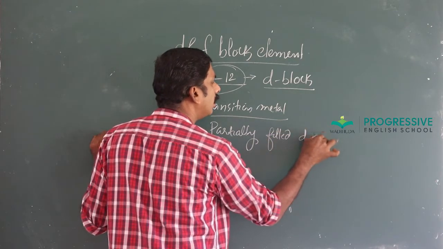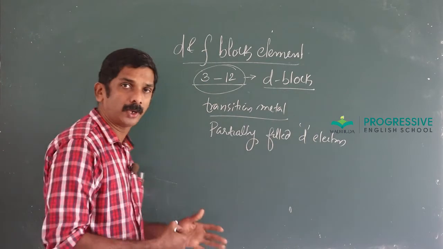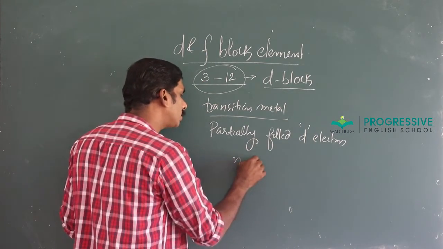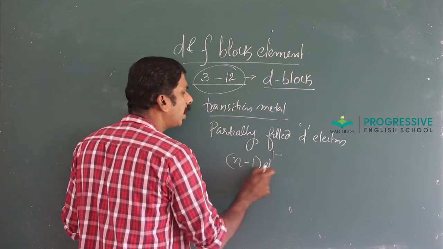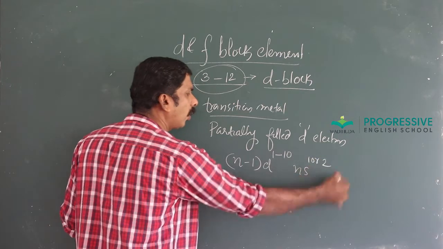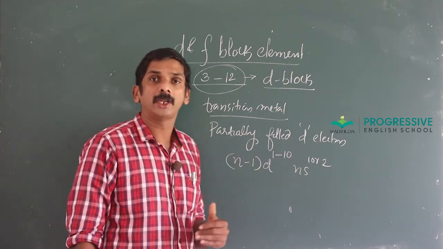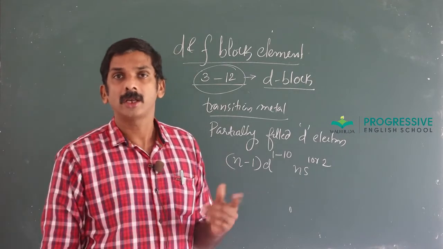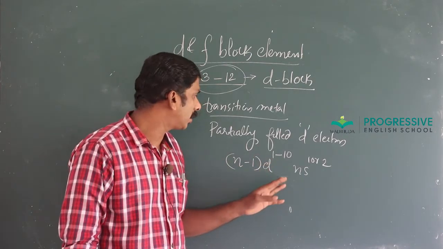The D orbital is partially filled. The general outermost configuration of D block elements is (n-1)d 1 to 10, ns 1 or 2. Some elements show exceptional configuration that you have studied in class 11th, especially in the lesson structure of atom.